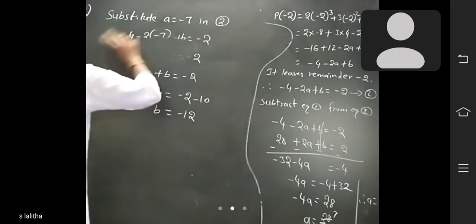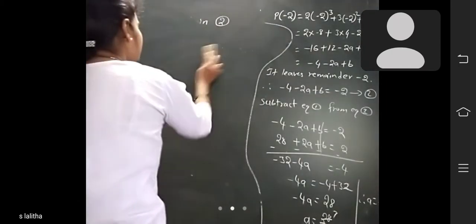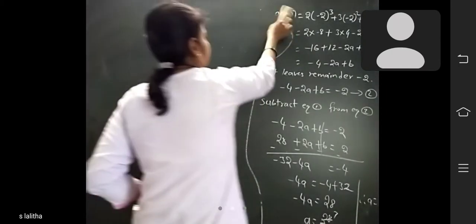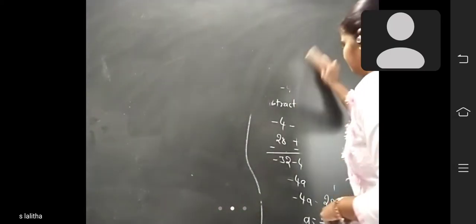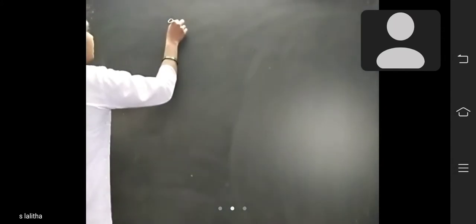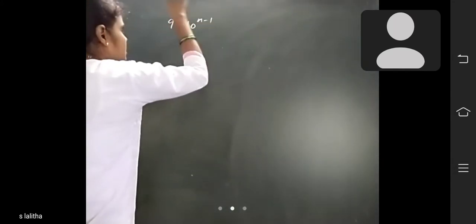So that means the total number of digits. How can you find? What is that formula? 9 into 10 power n minus 1.